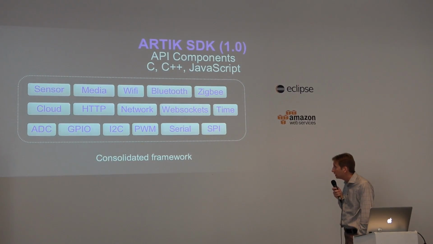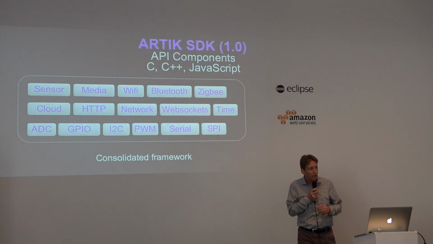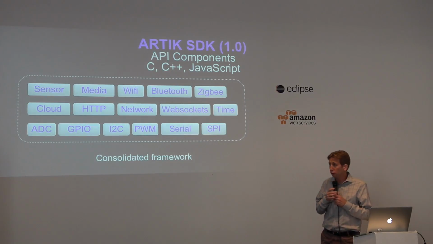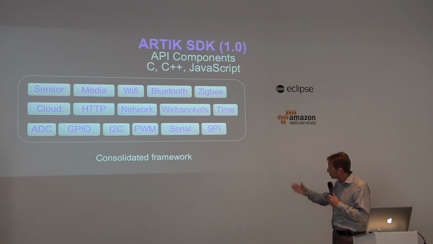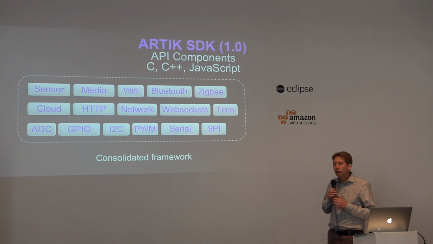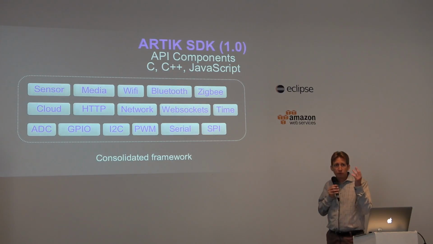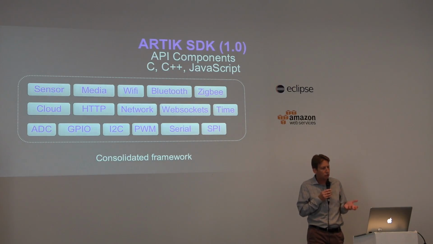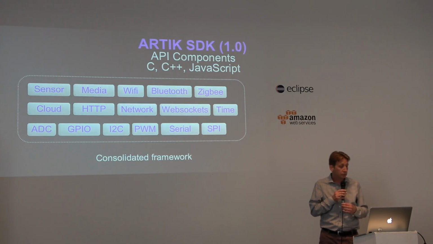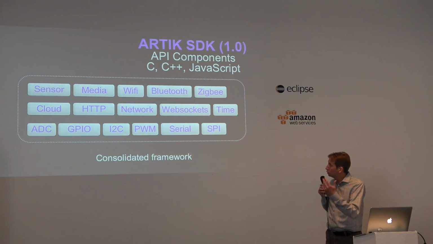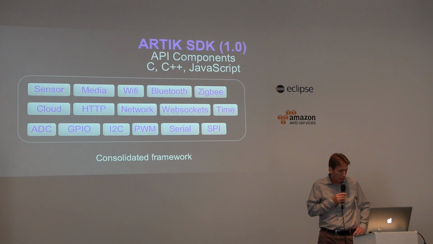And as you can see, it's a consolidated framework that brings together a lot of the low-level API calls that IoT developers are familiar with, things like GPIO, I2C, Serial, SPI, on up through the stack, including cloud APIs, as well as things like WebSockets and that sort of thing, and then on up to sensors and even media, so things like audio and video and those types of hooks, and then Bluetooth and Zigbee, of course, for communication.